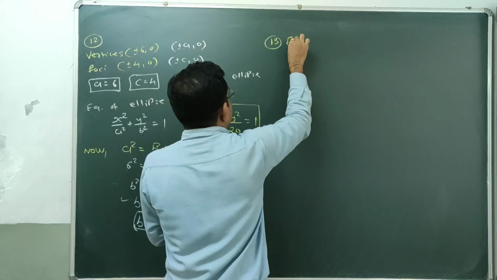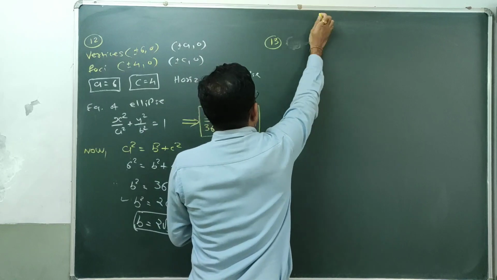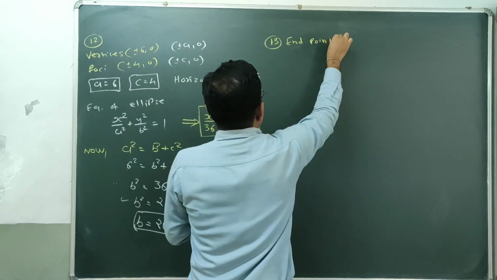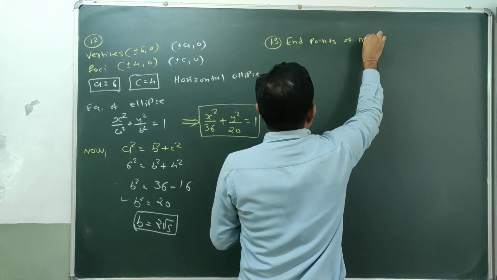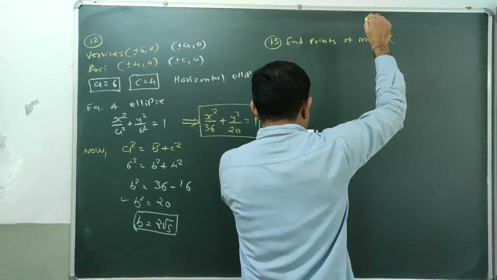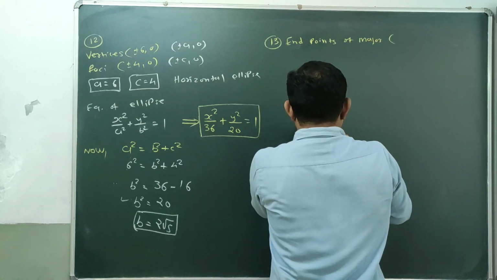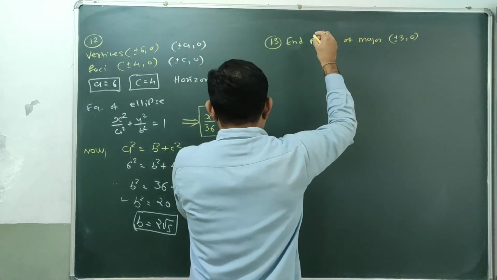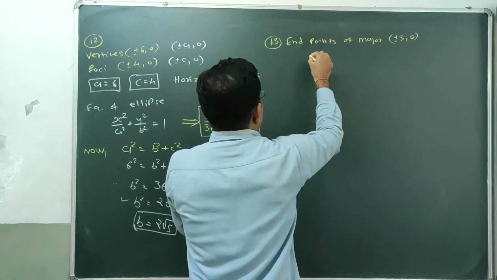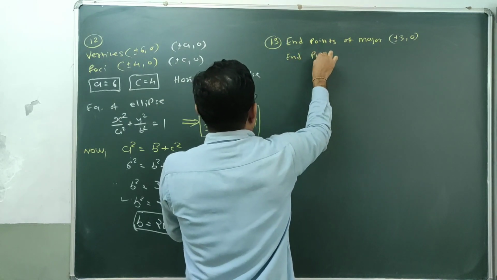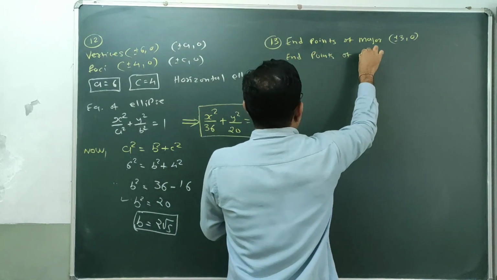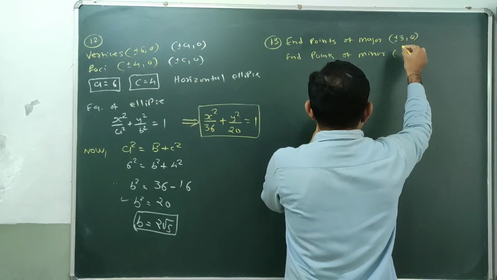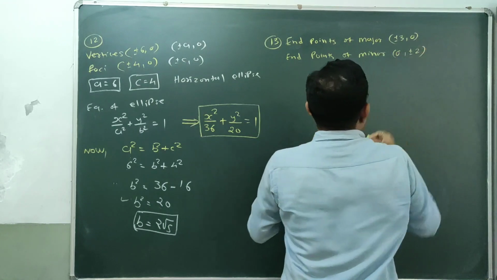The endpoints of the major axis are plus or minus 3, 0, and the endpoints of the minor axis are 0, plus or minus 2.